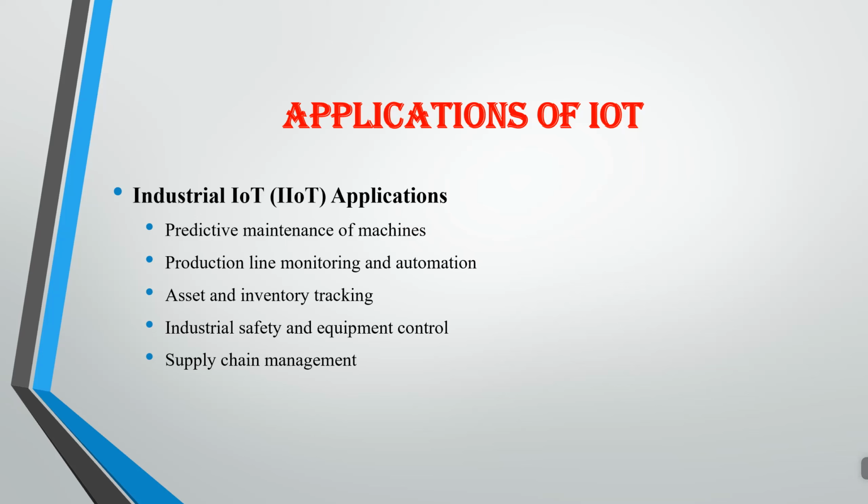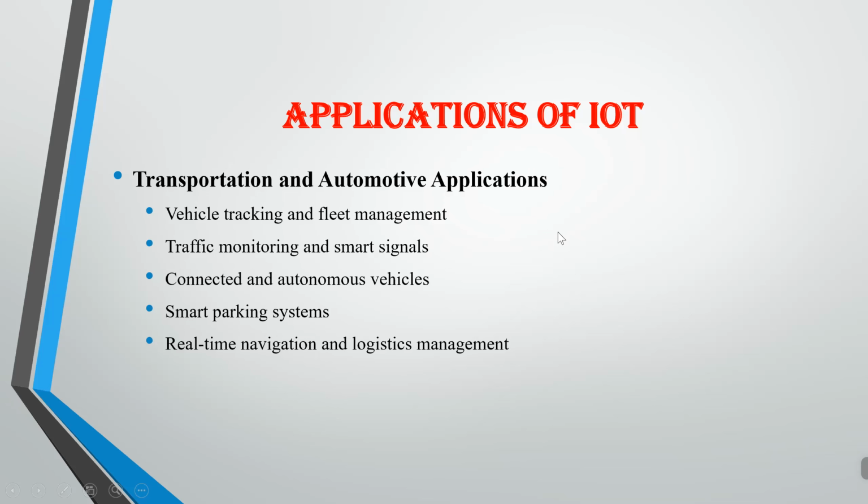Suppose we book a ticket on a bus, where is the current location of the bus? These are all possible due to the applications we get from IoT. So these are some examples which we give of the applications of IoT in the industrial perspective.